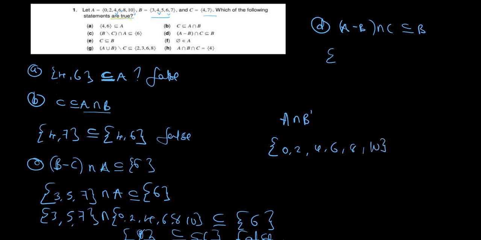All right, so now intersecting with b complement. So b complement from the universal set, we can just say b complement will be everything apart from its members. So b has the members 3, 4, 5, 6, 7.